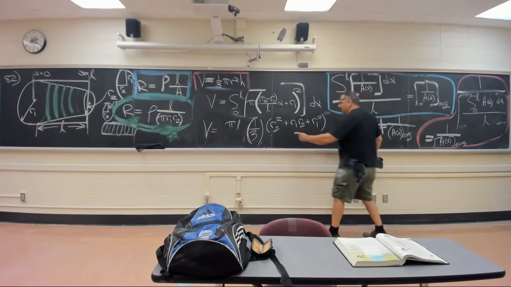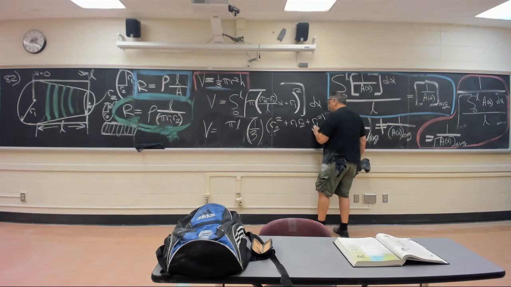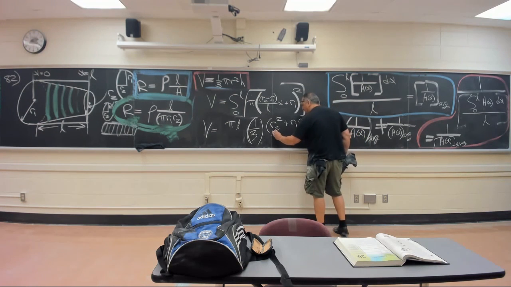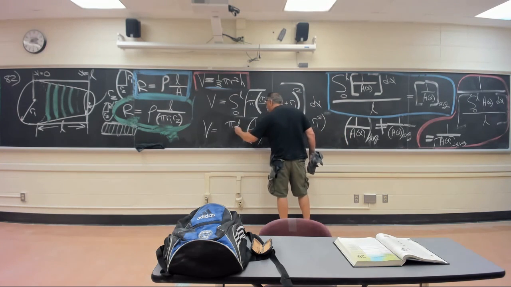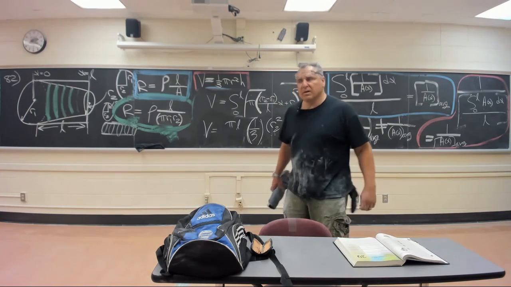Notice, if R1 and R2 were equal to R, let's call it R1, this is R1 squared, this is R1 squared, this is R1 squared. 3R1 squared divided by 3, R1 squared. Pi R1 squared times L, pi R squared L, that's if it was a cylinder, so it would work out.